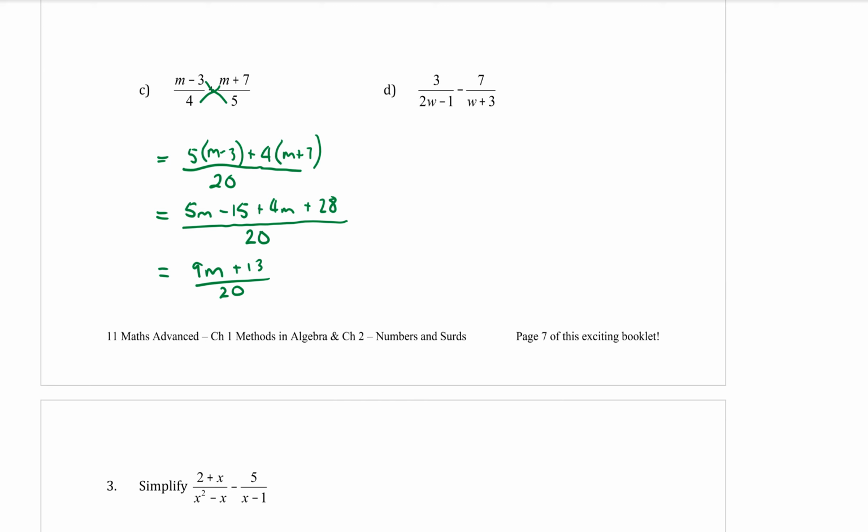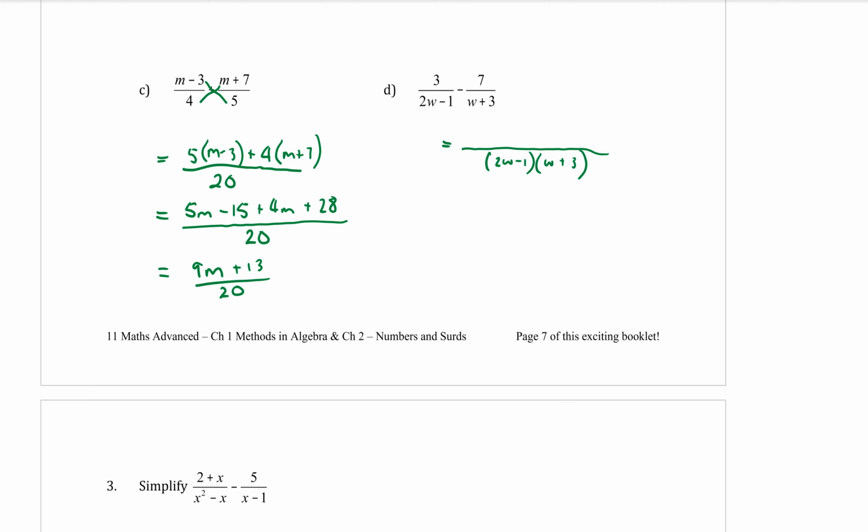All right, D. This one's more complicated because we now have the letters on the bottom, okay? But the process stays the same. The first thing that you do, going to need a big denominator here, is we multiply those two things together, 2w minus 1 and w plus 3. We're just multiplying them together like we did before.